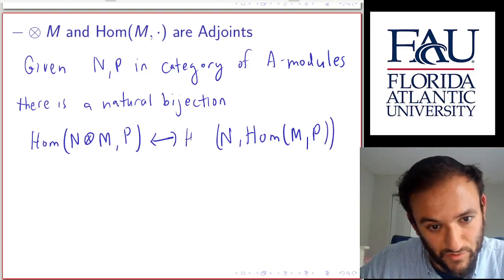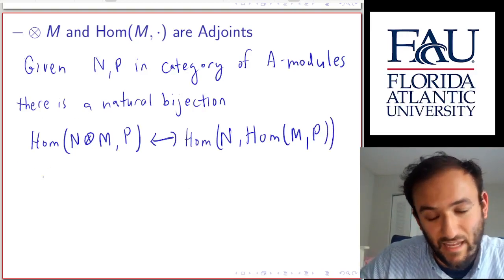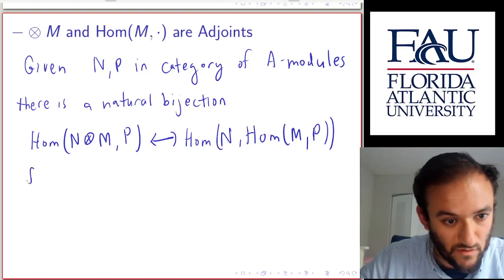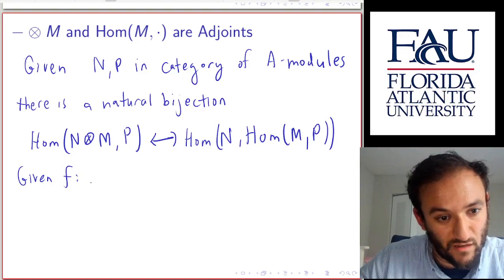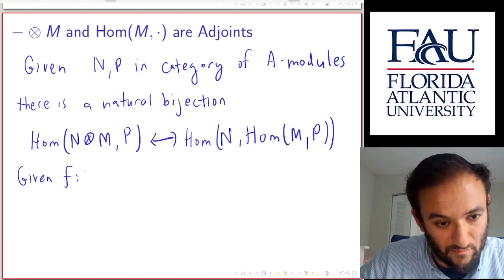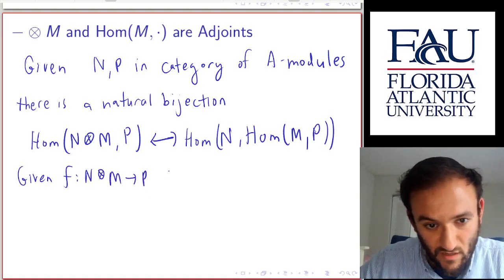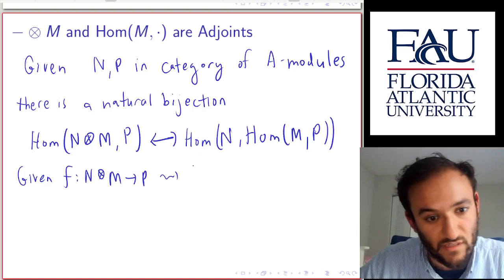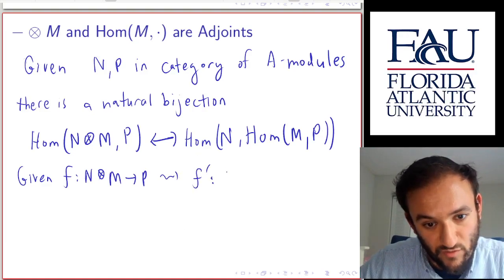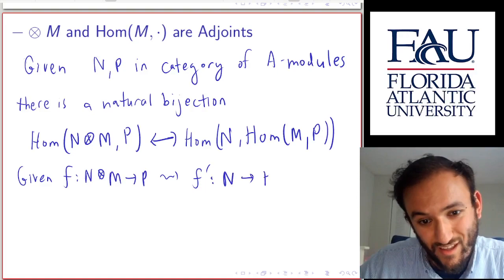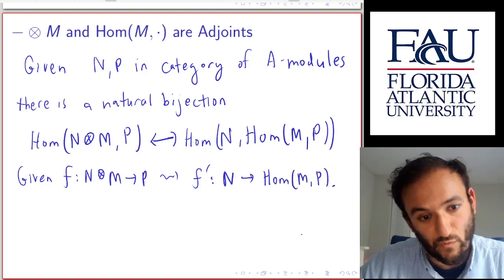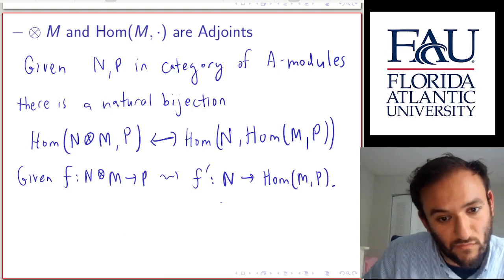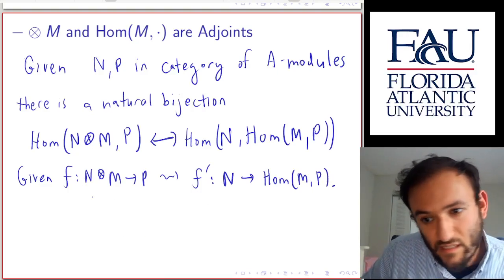Okay, so I should be able to take any map F in here. Given F that maps N tensor M to P, an A module homomorphism, this should naturally go to some F prime, which maps N to another map from M to P. So let's consider how this would work.